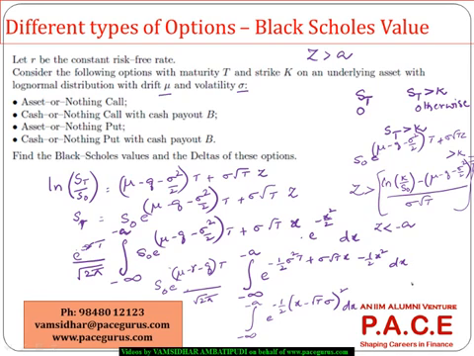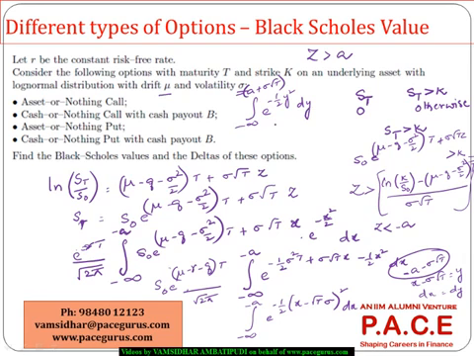So that's where, when I take x minus sigma root t equal to y, dx becomes dy, and the limits will become minus A minus sigma root t for the other one. So I am integrating it between minus infinity to minus of (A plus sigma root t), e power minus half y square dy.